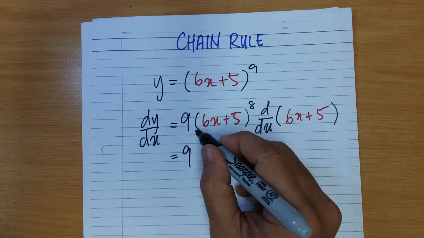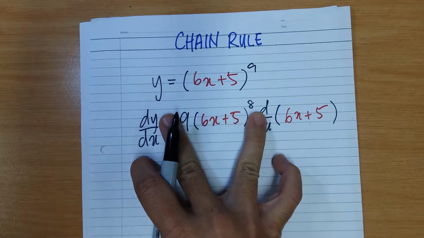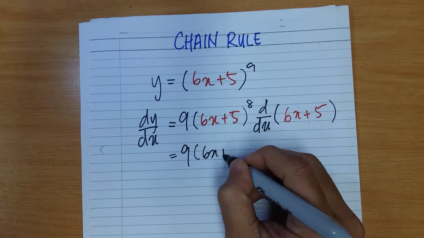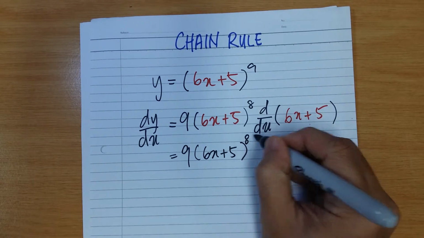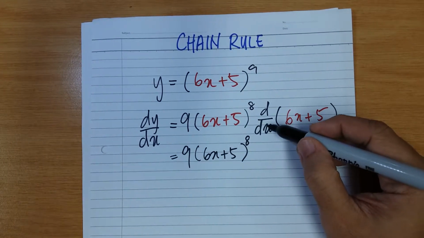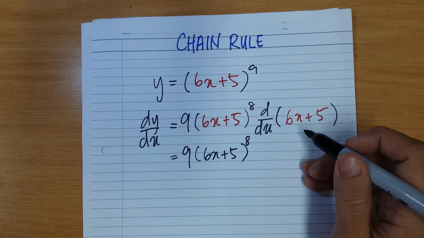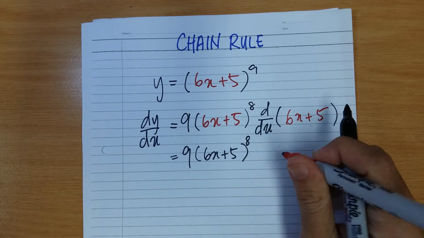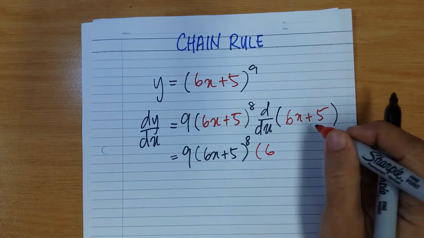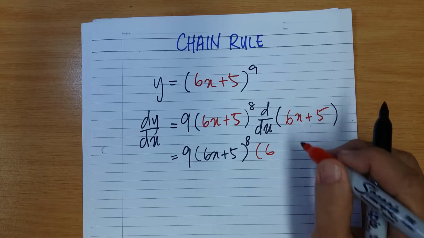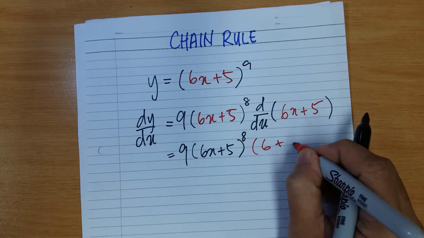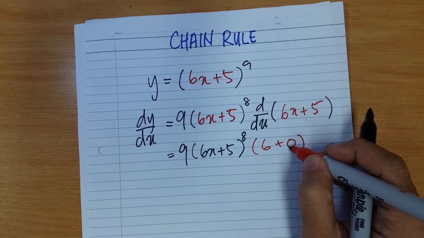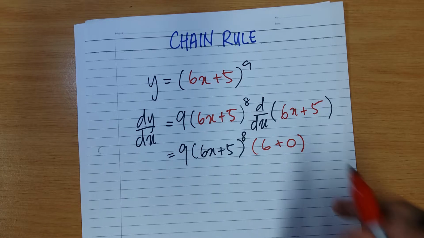This part is settled already, so we just keep it to the power of 8. Now the derivative of 6x is 6, and the derivative of 5 is 0. I'm just putting 0 here to indicate that the derivative of 5 is 0.